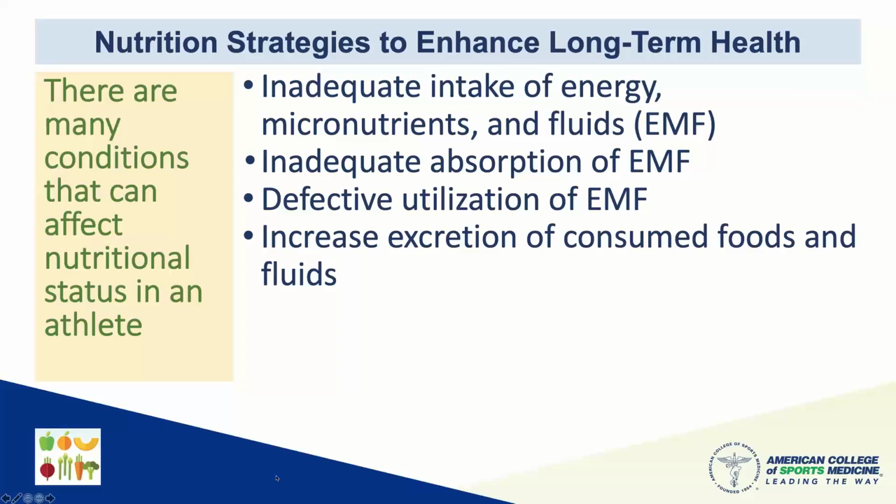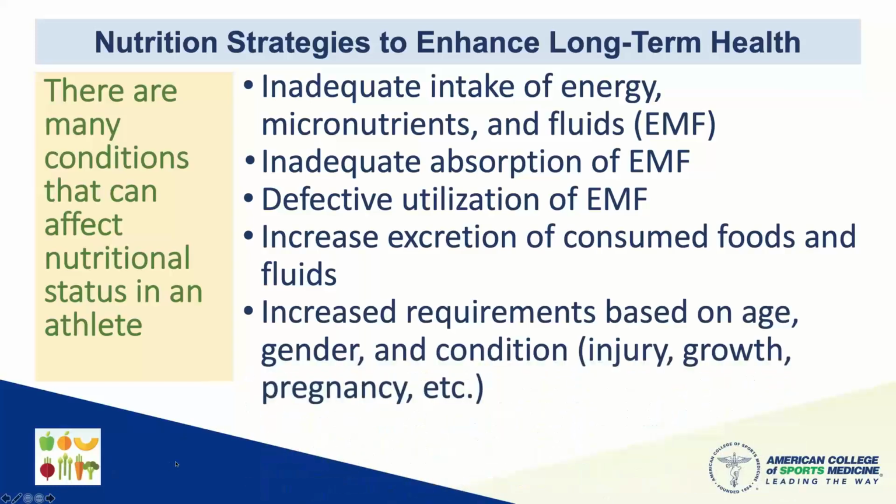Increased excretion. Are you doing anything that might cause vomiting or diarrhea or cause you to urinate excessively? So increased excretion could be an issue, and increased requirements based on age, gender, and condition. Is a person injured? Are they growing? Are they pregnant?